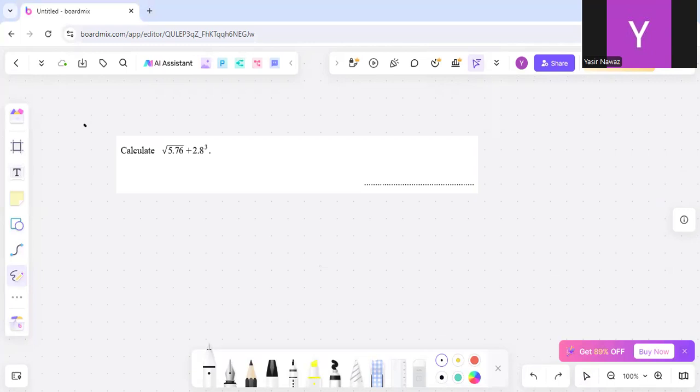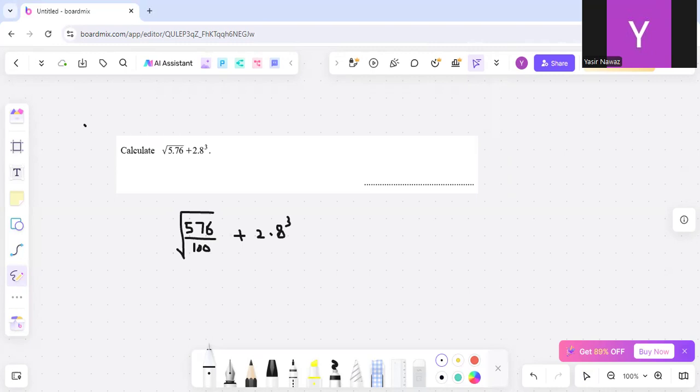So here, this number, it's the square root of 5.76 and 2.8 cube. The square root of 5.76 can be written as the square root of 576 over 100, and then 2.8 cube. 2.8 cube can be written as 2.8 times 2.8 times 2.8.